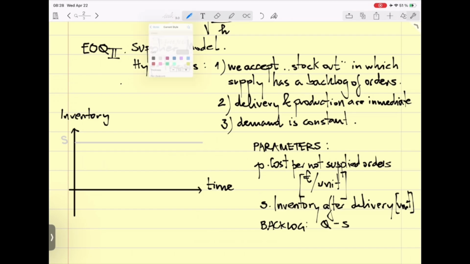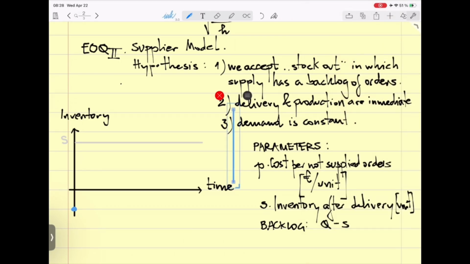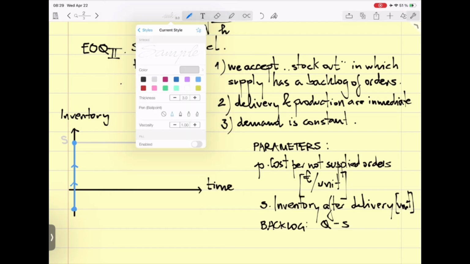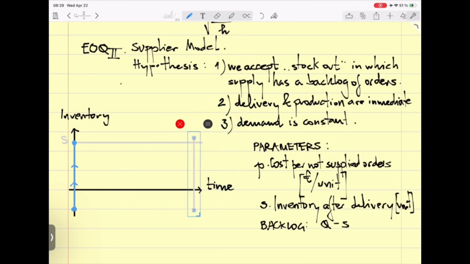We start our travel with some backlog in T0 because of the second hypothesis: delivery and production are immediate. So we deliver immediately. And we deliver Q, this quantity that we deliver.